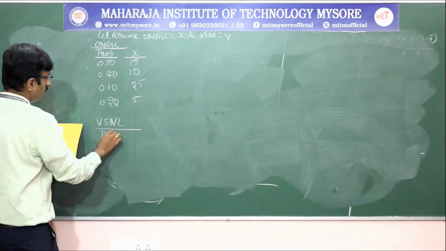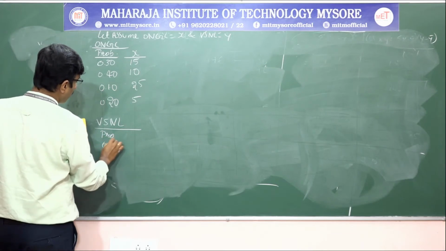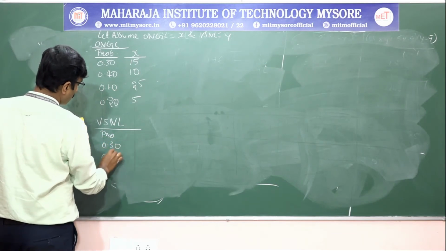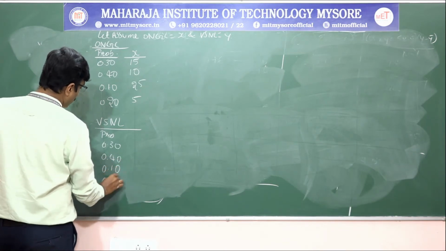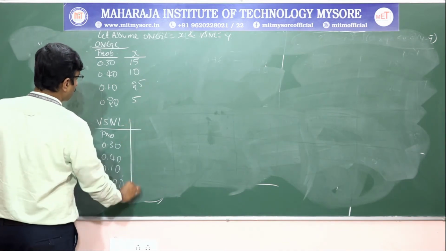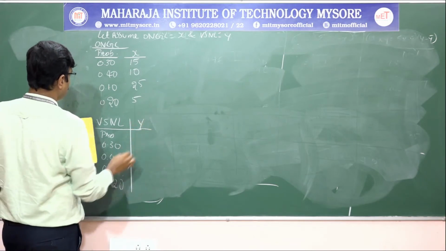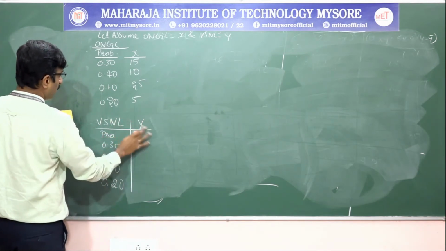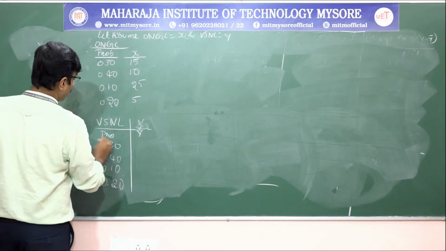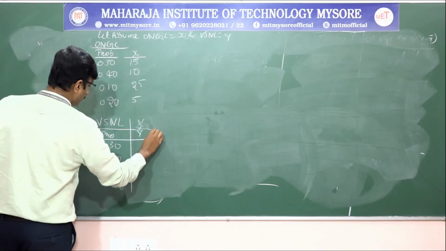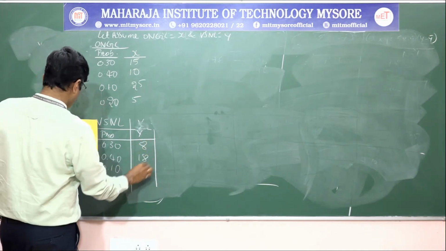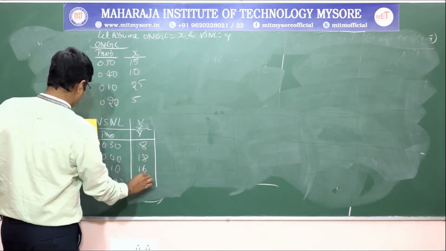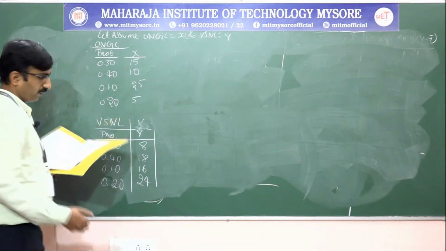You take the probability, same probability 0.30, 0.40, 0.10, 0.20. Then Y we have to find out. They have given the Y value, the return value, that is 8%, 18%, 16% and 24%.